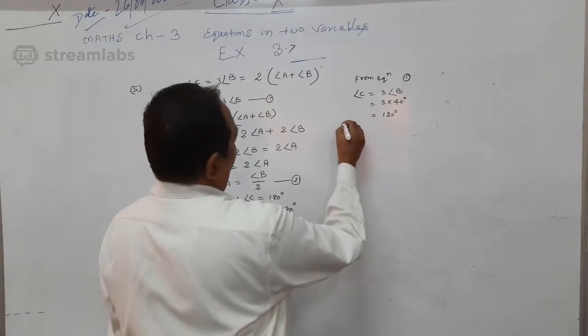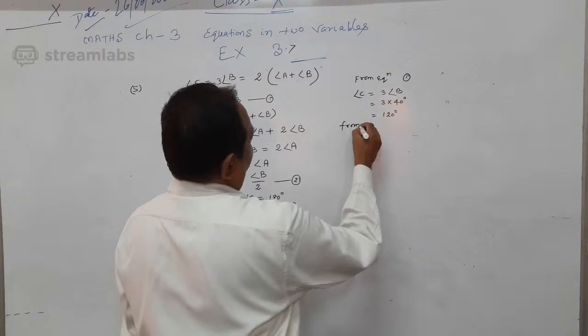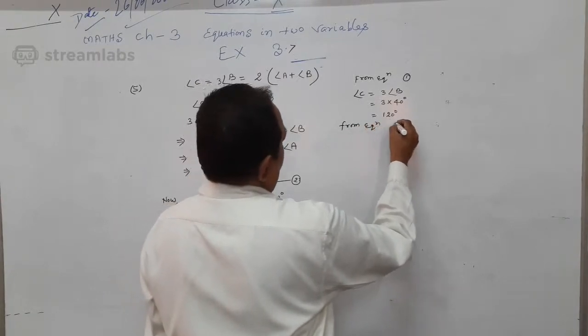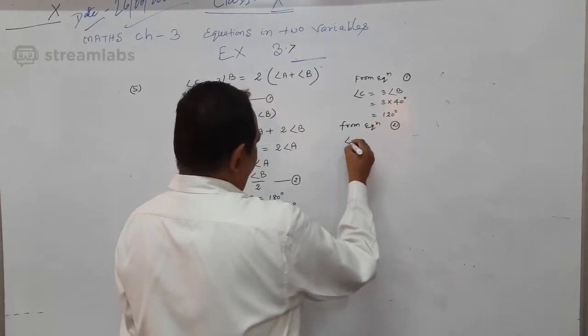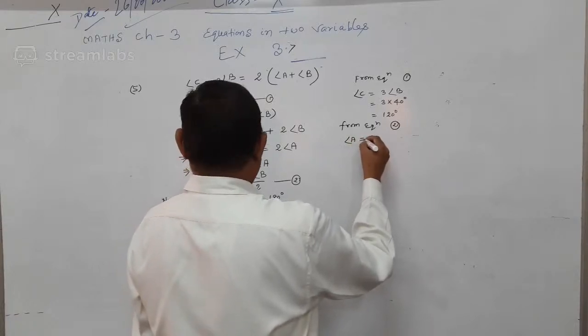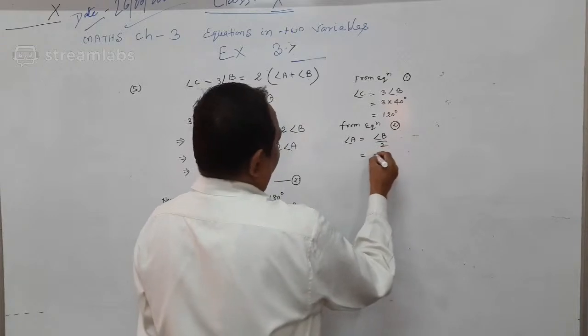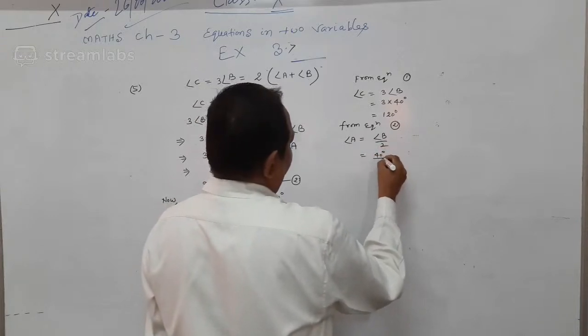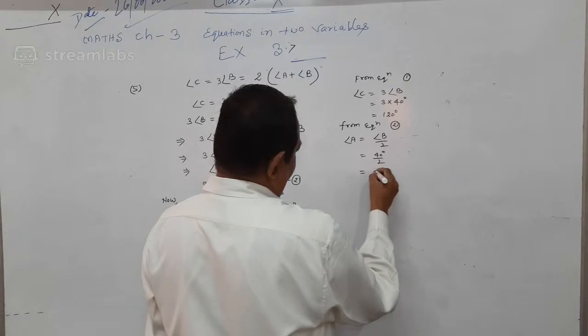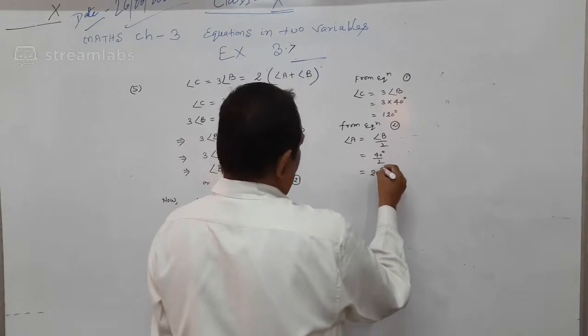From equation 2, angle A is half of angle B. So angle B is 40 degree. So half of 40 degree is 20 degree.